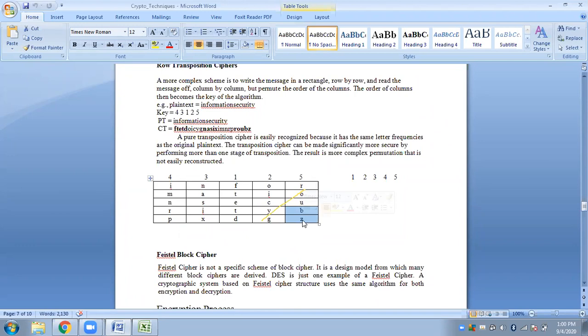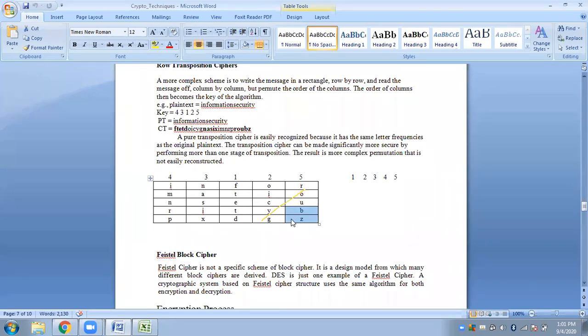Here I have chosen alphabets not repeated in the plain text: B, P, X, D, G and Z. There is no restriction in choosing the dummy alphabets. Once I fill my entire matrix first with the plain text and then with the dummy alphabets, I get the entire matrix.